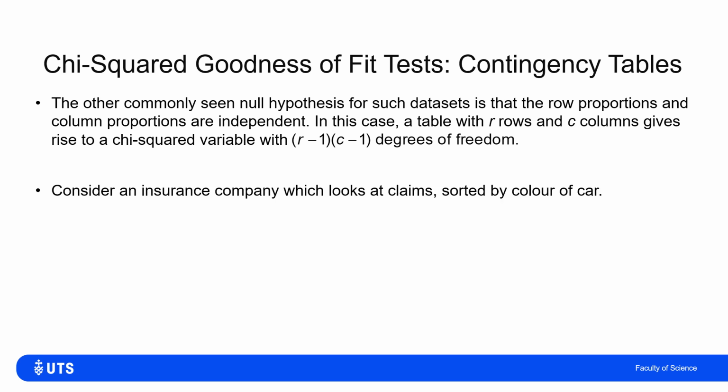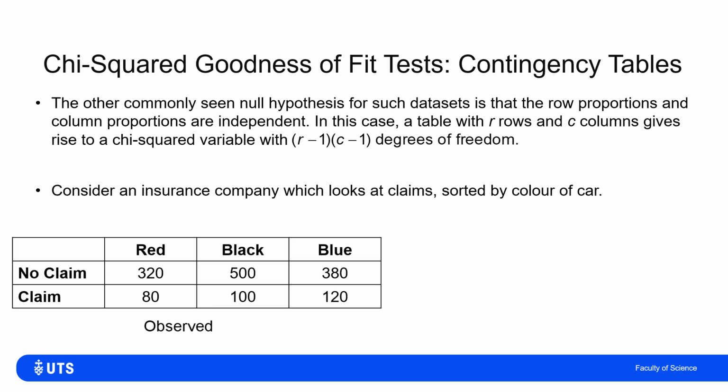So let me give an example of that, because that's fairly wordy and not totally clear maybe. Let's say that an insurance company records the colours of cars, red, black or blue, and records whether the drivers of those cars made a claim or did not make a claim. So these are two different things I could observe, the colour and the claim status.